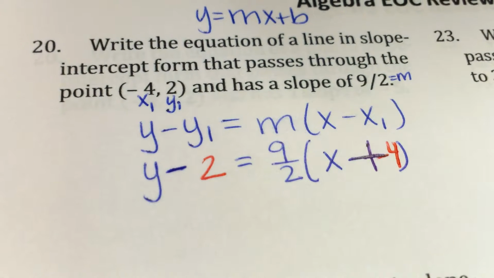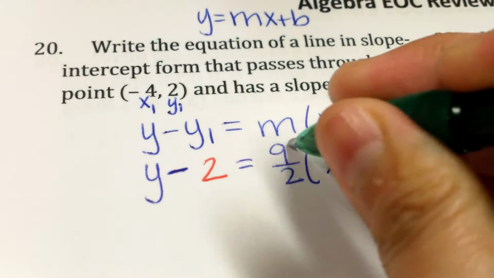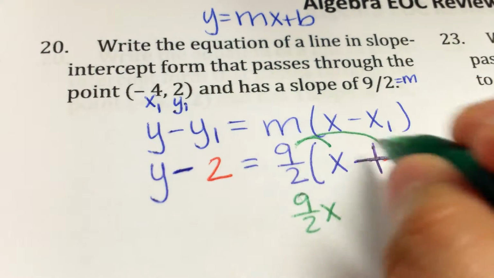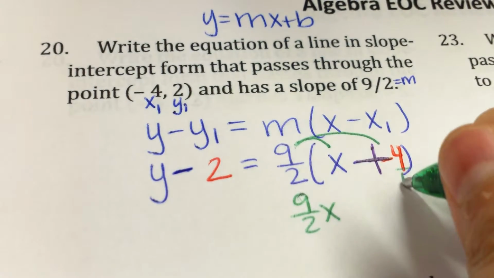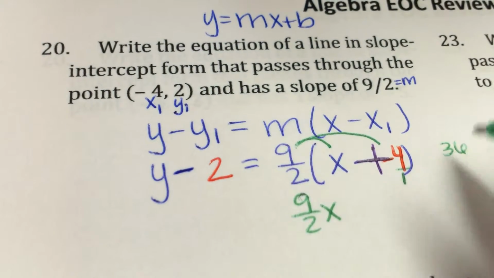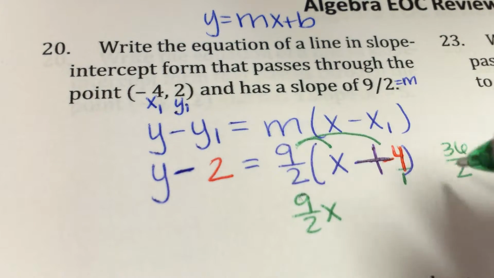And we are almost done. We just need to do the distributive property. So we distribute this. So you have 9/2 x, and 9/2 times 4. You put this over 1 if you want. 9 times 4 is 36, 2 times 1 is 2. So 36 divided by 2 is 18.